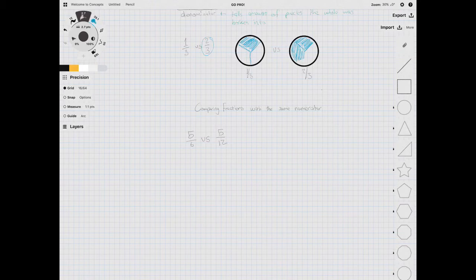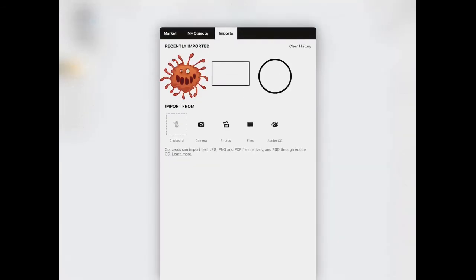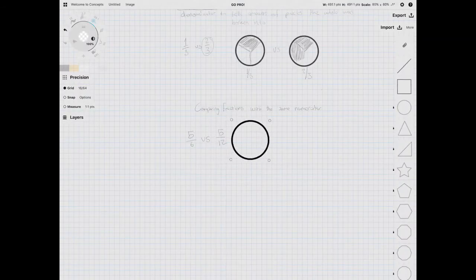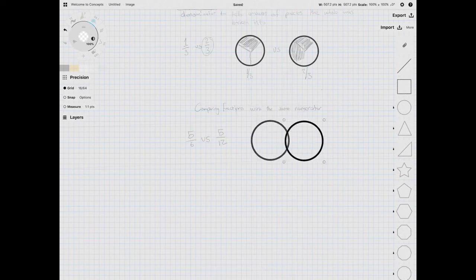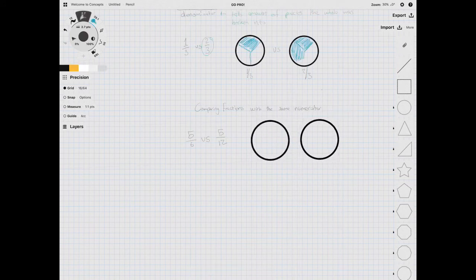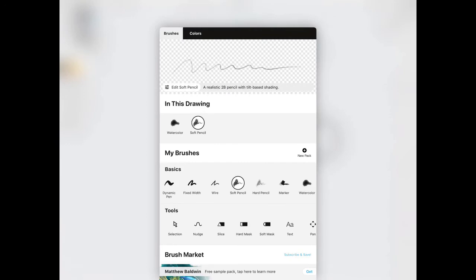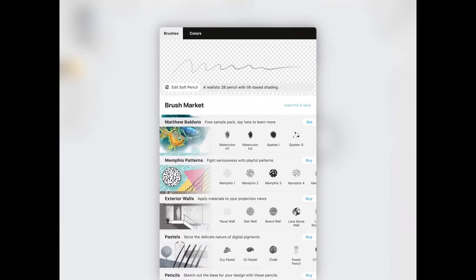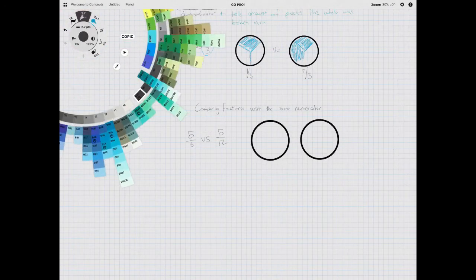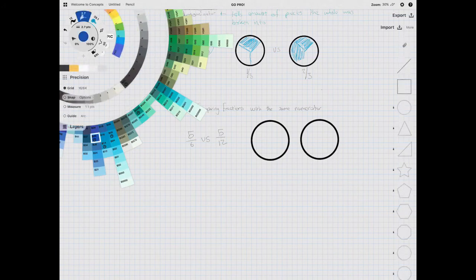And let's bring up a little circle again, and we can duplicate that. All right, if we compare these two, we've got one that is split up into 6 equally sized pieces, and another one that is split into 12 equally sized pieces.